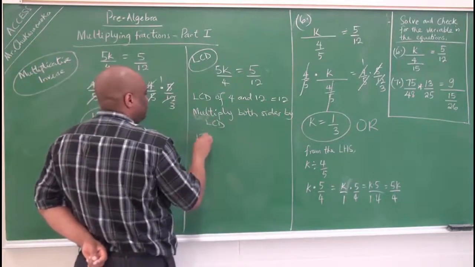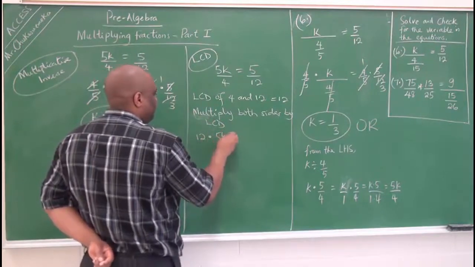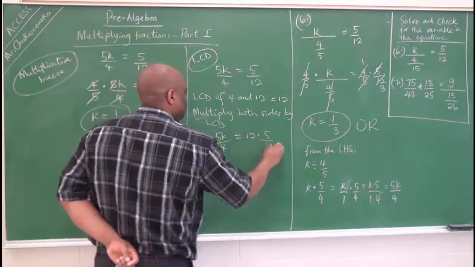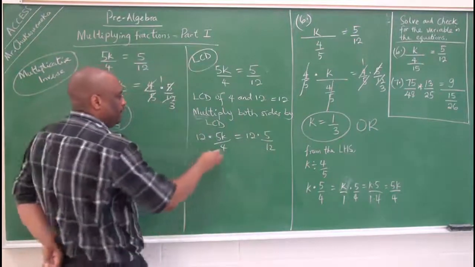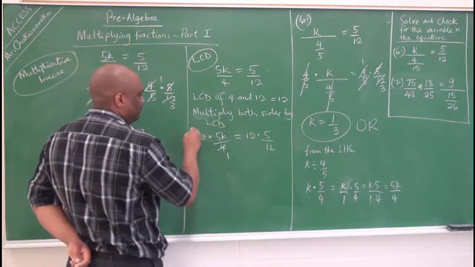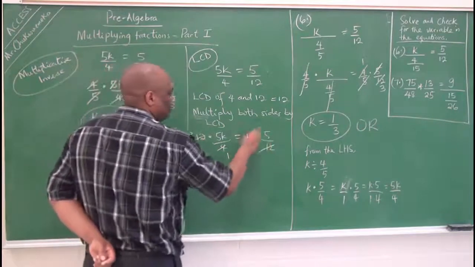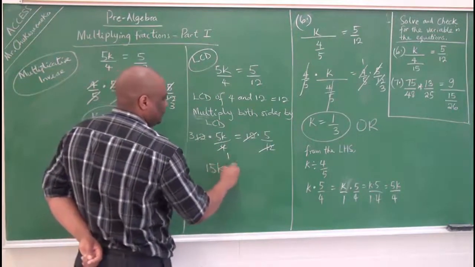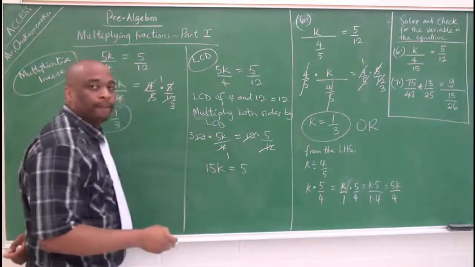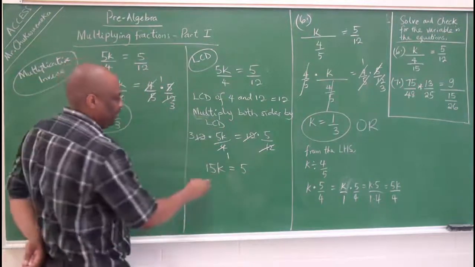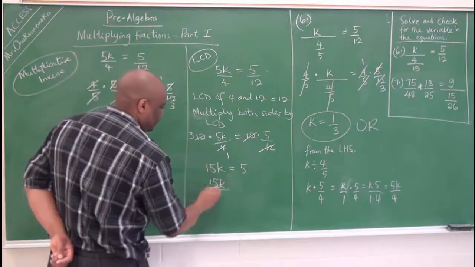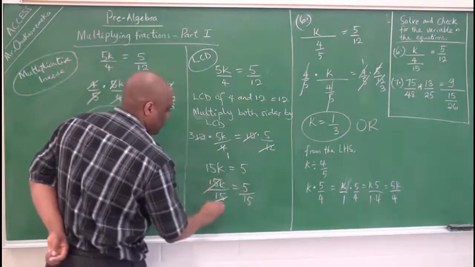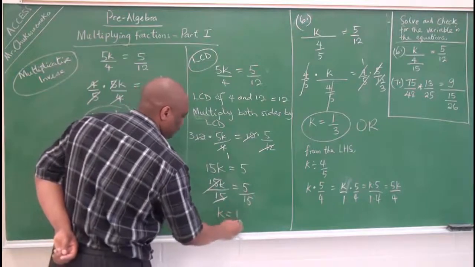You can have 12 times 5k over 4 equal to 12 times 5 over 12. Now 4 into 4 is 1, 4 into 12 is 3. 12 will cross out. 3 times 5 is what? 15k is equal to 5. And then you divide both sides by 15, and then k will be equal to 1 over 3.